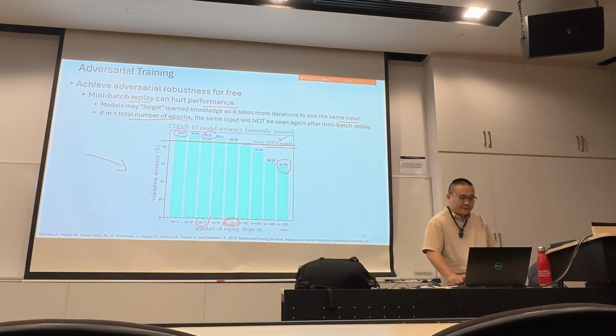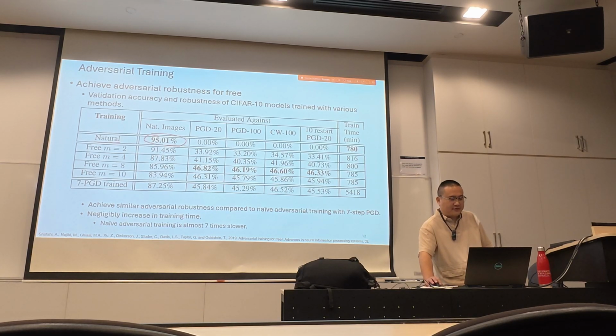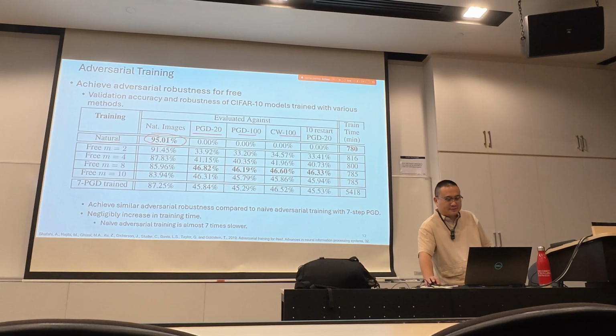Okay, so let's see more results. Here we compare the adversarial training for free with the standard adversarial training. For the natural training, the accuracy is 95, which is very good accuracy. However, if we apply the attacks, we can decrease the accuracy to 0 very easily, because standard trained models are not robust against the attacks.